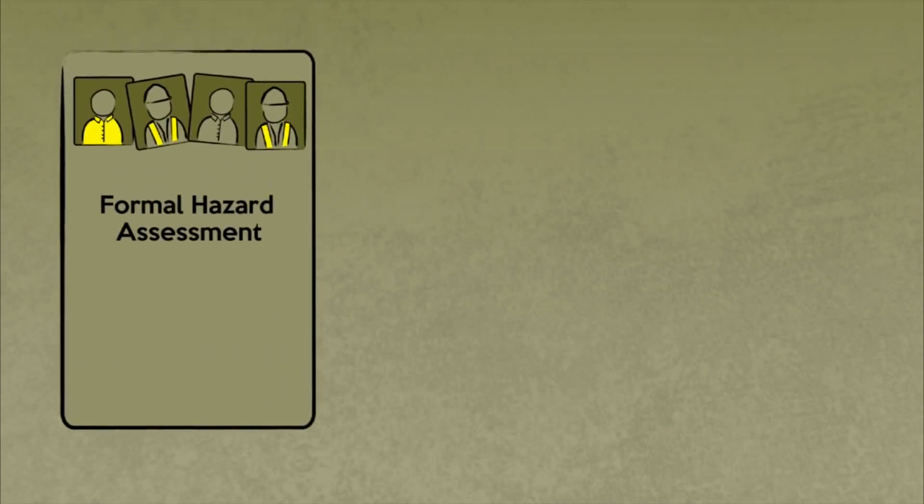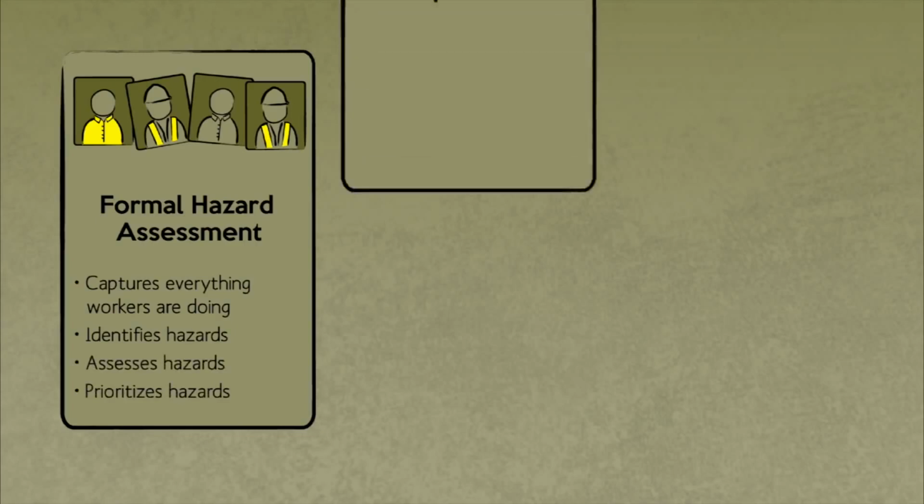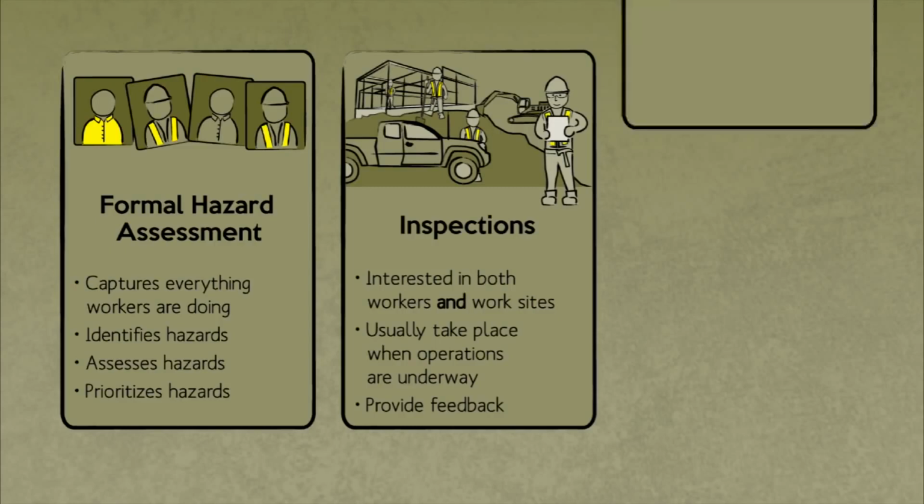So looking at the big picture, formal hazard assessment systematically captures everything workers are doing and identifies, assesses, and prioritizes the hazards presented by their tasks. Inspections are interested in both workers and their work sites. Unlike hazard assessment and site-specific hazard identification, inspections usually take place with operations already underway. They provide feedback on whether the hazard identification, risk assessments, and controls are working and adequate.